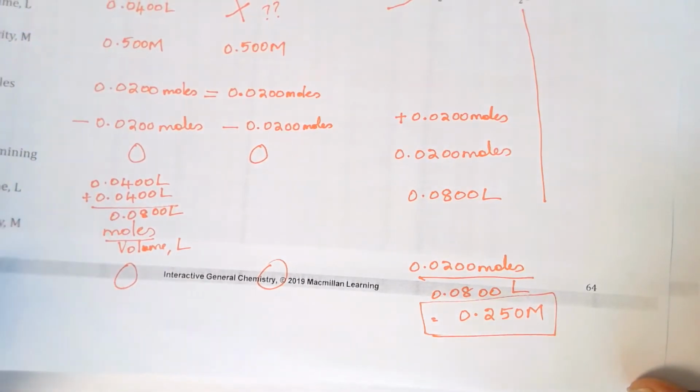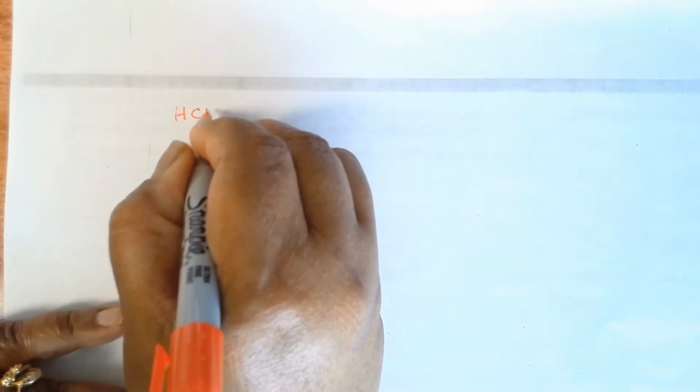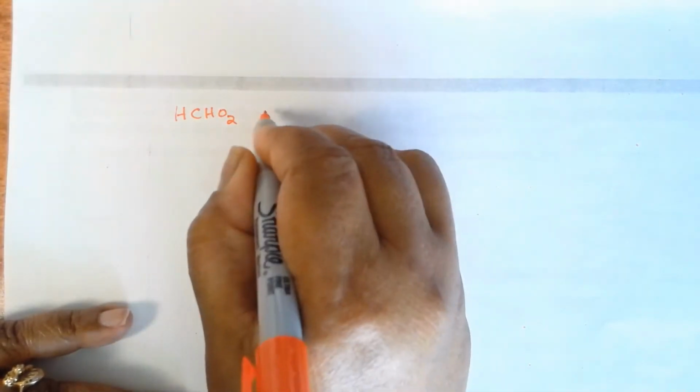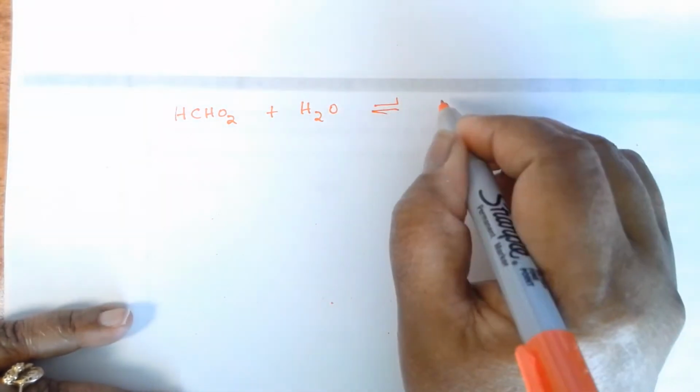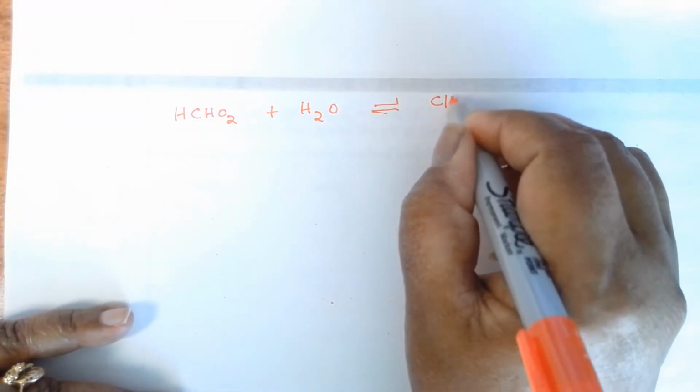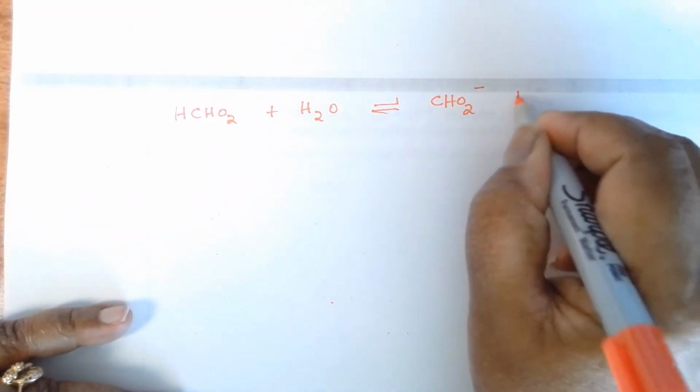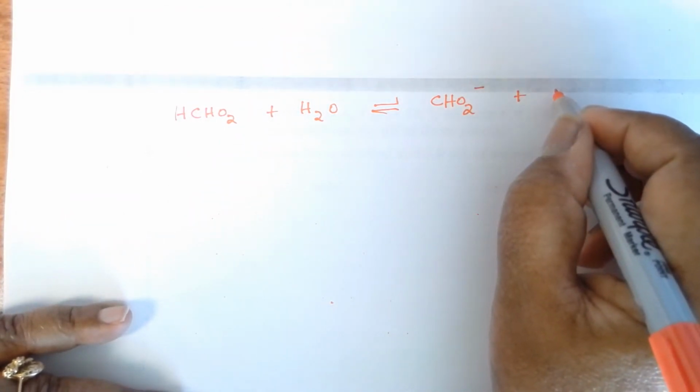Now we are not done. Okay, so you have CHO2 plus water. That's the acid dissociating to give the conjugate base.